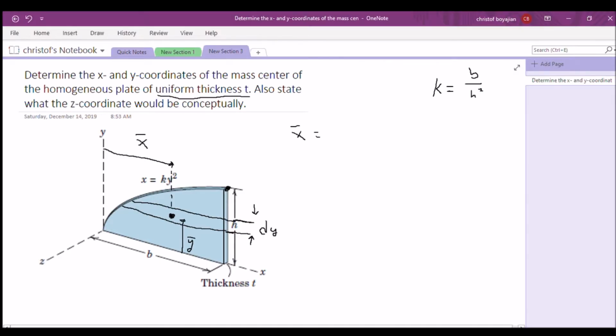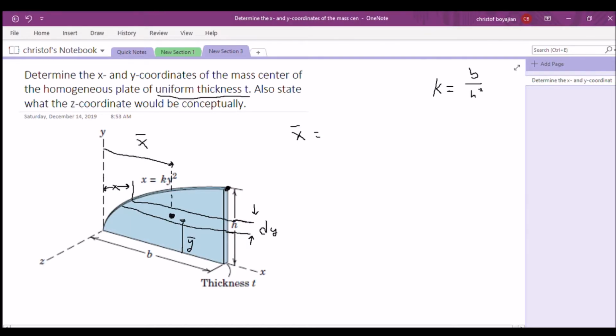So x bar, this one is probably a little tricky. Now, if we look at just our one cross section, we can see that we're going a distance to this curve, x equals ky squared. So at any point x, we're going that distance. And then what is this distance?